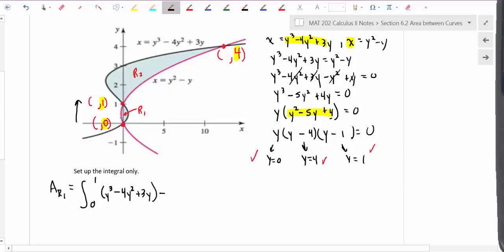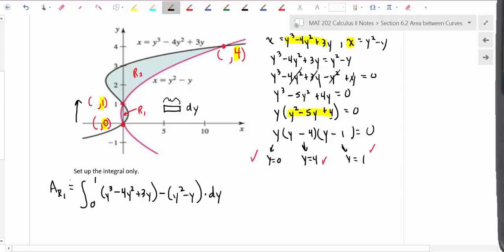The curve that's on the left is represented by the one in red, which is y squared minus y times dy. Now again, when you have a rectangle on this, dy is represented by the width or the height of the rectangle, and then that base is represented by the difference between these two curves.